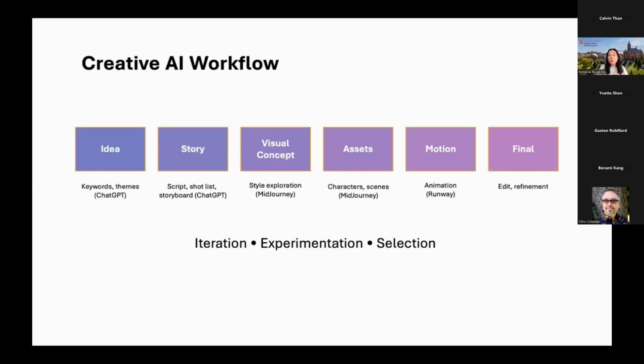Because of that, a large number of AI tools are being used in this class. The focus of this workflow is actually on iteration, experimentation, and selection. So the goal is to shift from a focus on AI output to AI decision making.